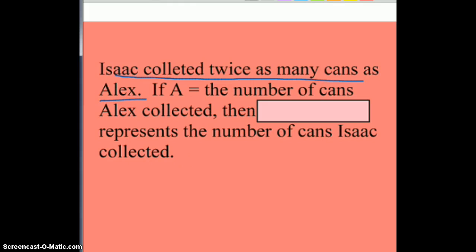That I don't know is your variable, which they're telling us to use A. So Alex is A, and Isaac is twice as many as that. What would that algebraic expression look like? If you need to push pause, go ahead and do so. Did you say 2 times A? Or again, we want to start doing that number next to the letter, 2A.